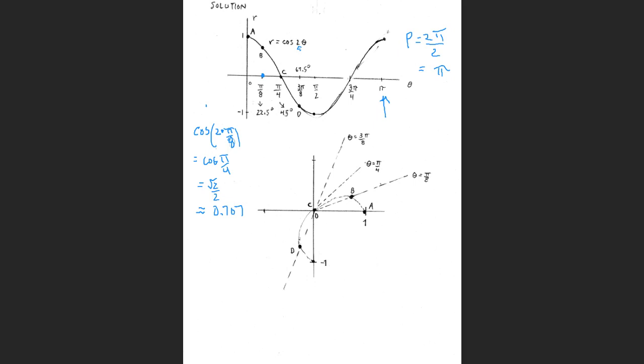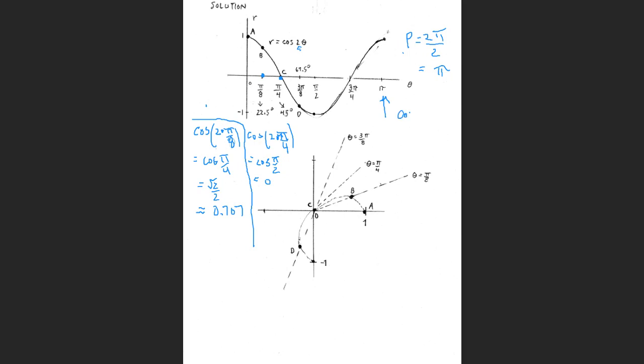If you have the cosine of 2 times pi over 4, well, that equals the cosine of pi over 2, which is cosine of 90 degrees. That equals 0. So these are nice values. Now, 3 pi over 8 is also a nice value.